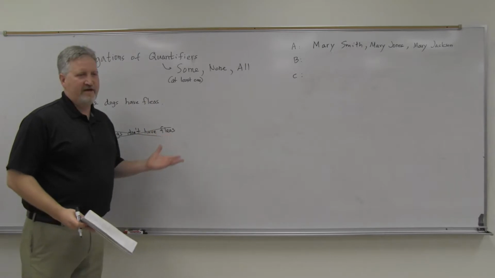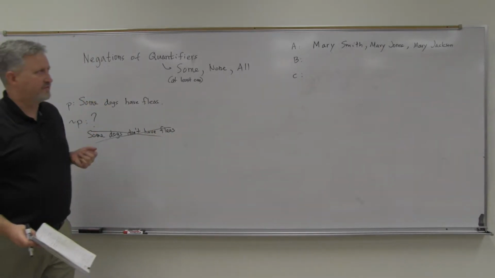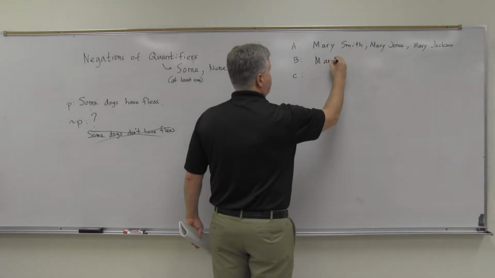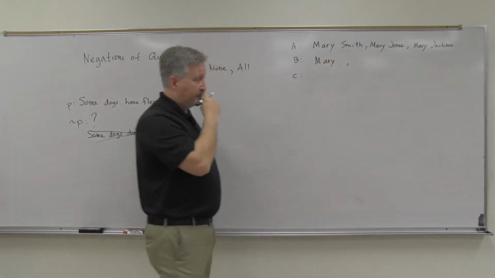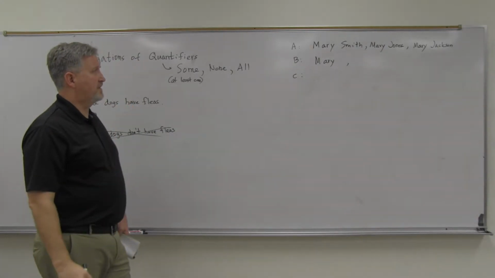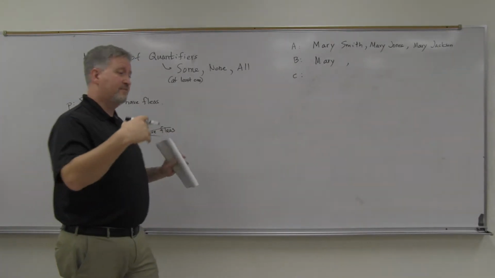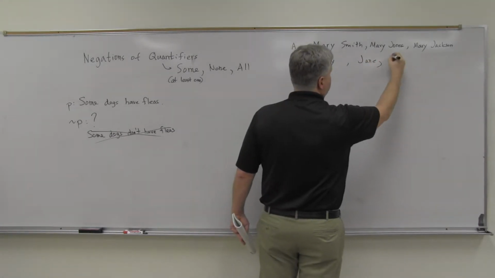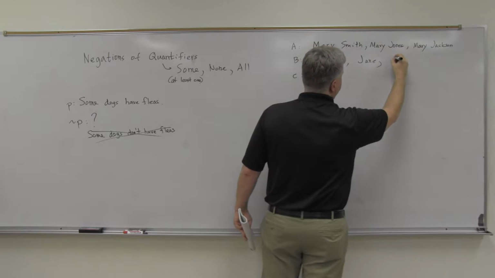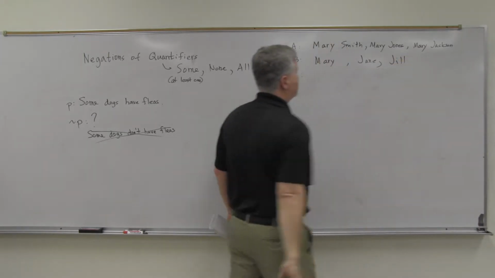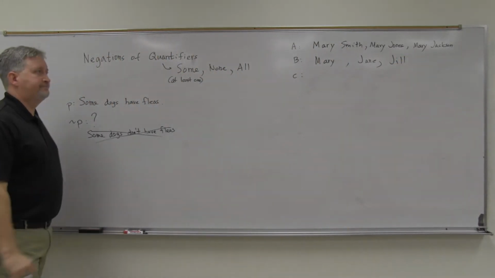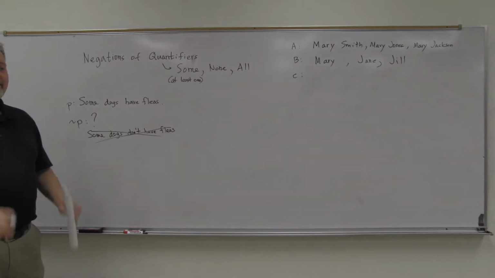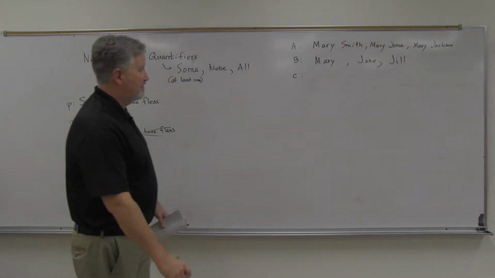Well, how else could we have people related to the name Mary? Well, we could have Mary, and I won't use last names here, just first names, because we're going to have Mary, and then Jane and Jill. So in that group, part of them are named Mary, part of them are not.